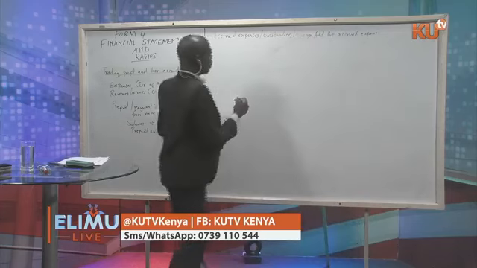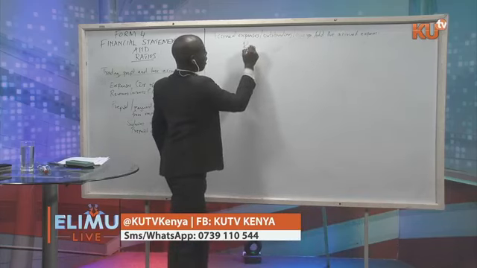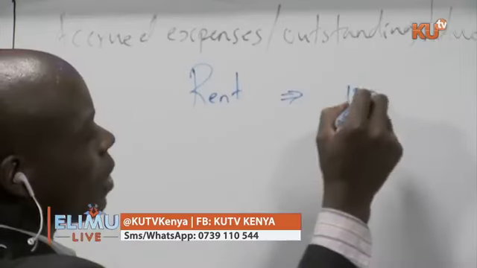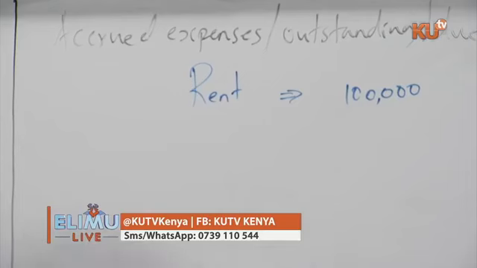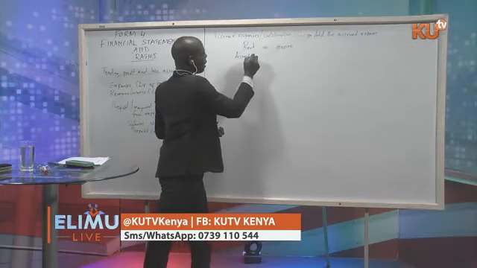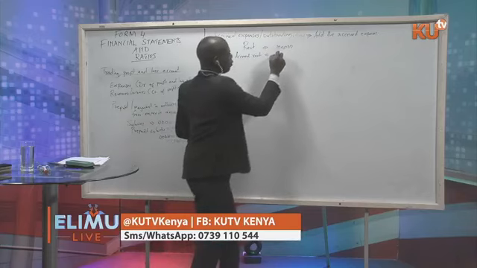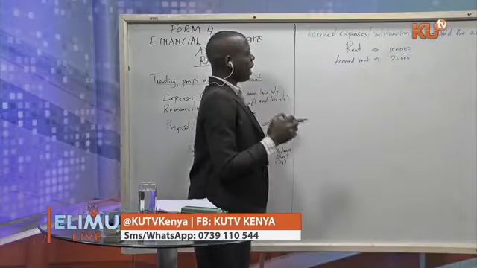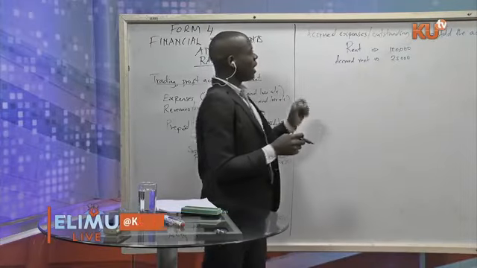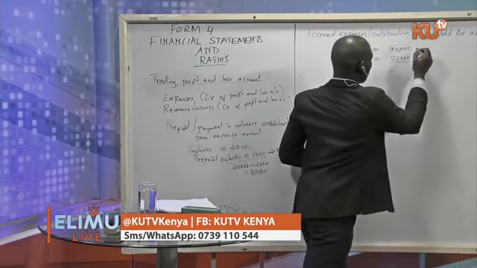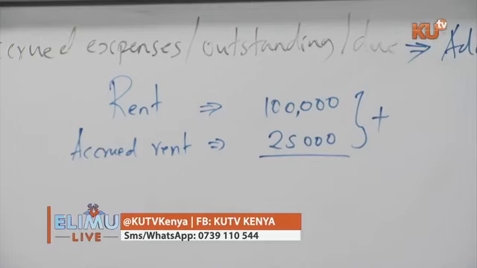So in this case, if, for example, a business had a record of rent as an expense amounting to 100,000, and we are told the business had an accrued value for rent of 25,000, then to determine the actual value we record under the rent expense, we add the accrued to the rent expense.